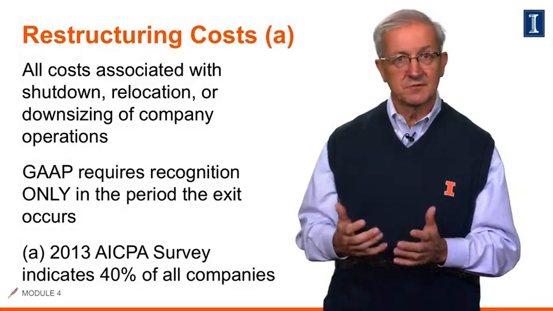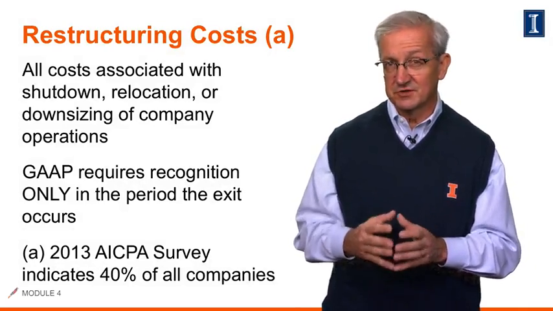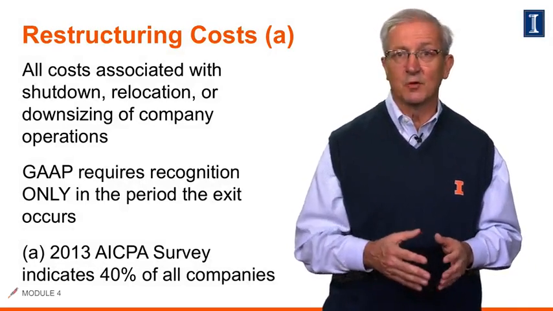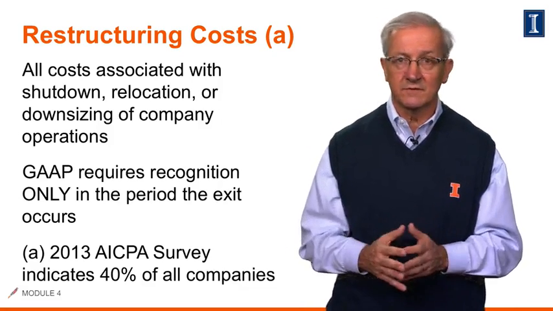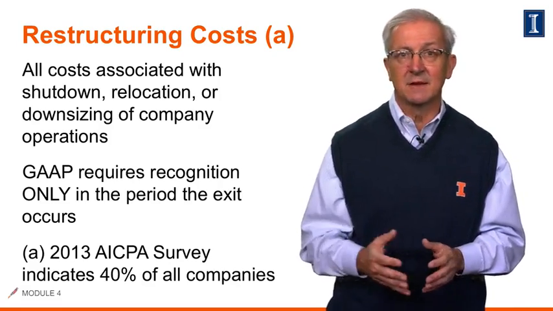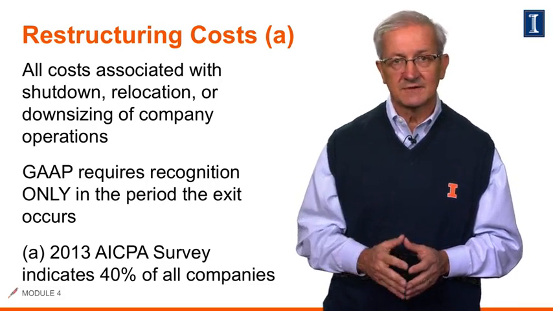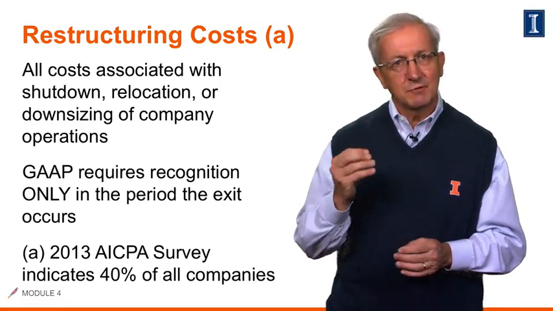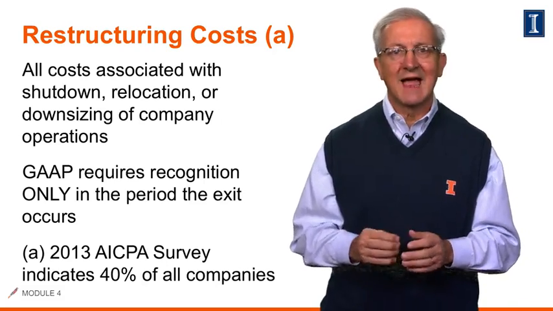Keep in mind restructuring cost, as we discussed, involves the cost associated with the shutdown or relocation of facilities or downsizing of our operations. So you want to know how common are these costs? Well, pretty common. 40% of all the companies have these types of costs per a recent AICPA survey. Per GAAP, or Generally Accepted Accounting Principles, we have to recognize this in the period the exit or disposal cost obligation is actually incurred.